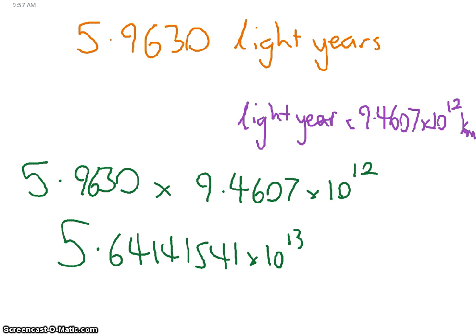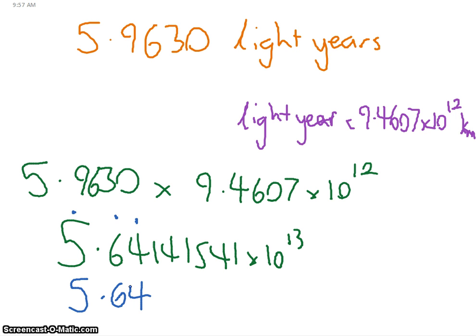I want it to 3 significant figures. What are your first 3 significant figures? The 5, the 6 and the 4. The rest of them we're going to say they're not significant. We don't need that much accuracy. Do I round up or do I round down? Down. That is a 1, so it rounds down. Does that make sense?